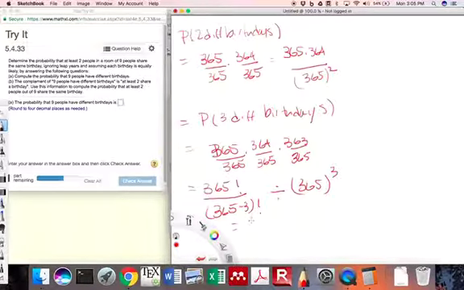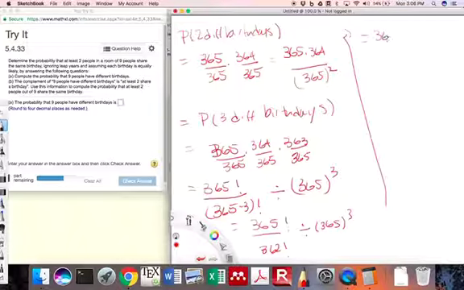And again, you can see that this is 365 factorial over 362 factorial divided by 365 to the third. And that gives you 365 times 364 times 363, because everything from 362 all the way down to 1 is eliminated by the 362 factorial. And now we can rewrite this as 365 to the third. So see if you can guess what the probability of 9 different birthdays is by extending this pattern.